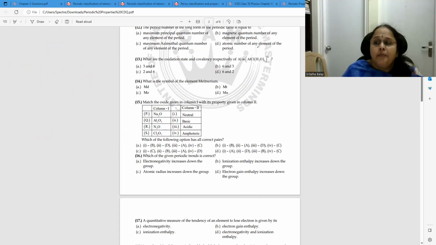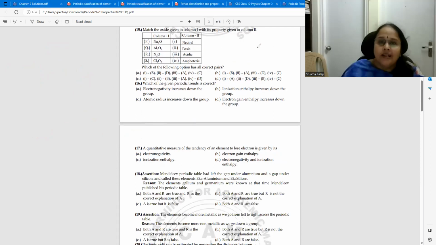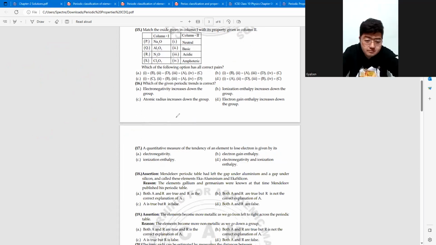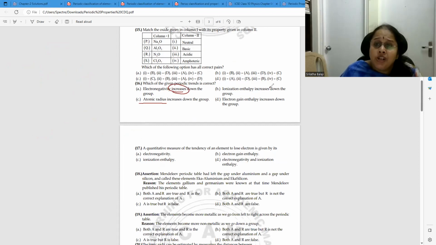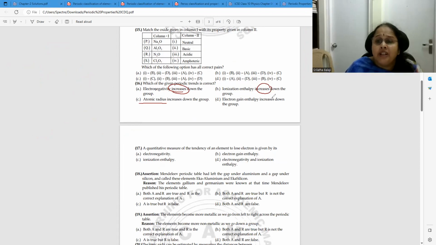Which of the following periodic trends are correct? There's only one option here. Option C, ma'am. Remember, we have done this. Electronegativity decreases down the group. Ionization potential decreases. Electronegativity, ionization potential, electron gain enthalpy, all these, what did I say?